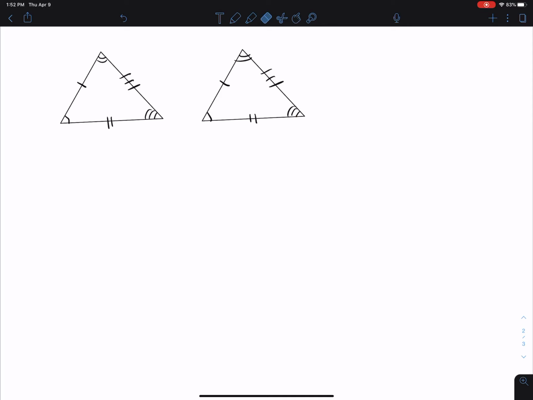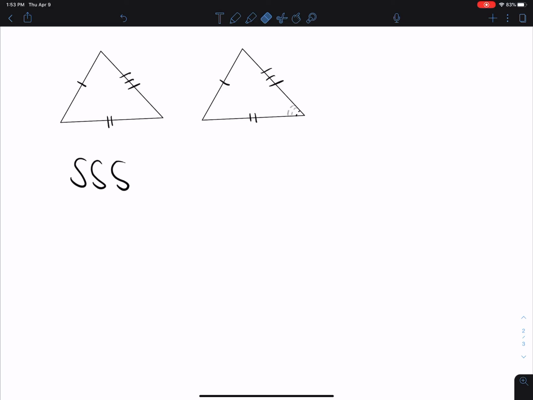So when we're talking about triangle congruency theorems, we need to have at least 3 pieces that are congruent in 2 different triangles to show that the triangles are congruent. So the first one is side, side, side. So I'm going to erase these angles just like this.